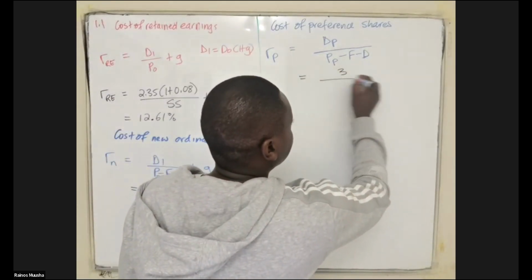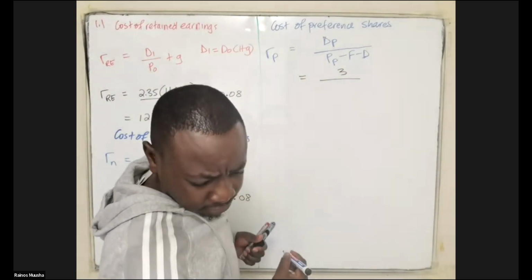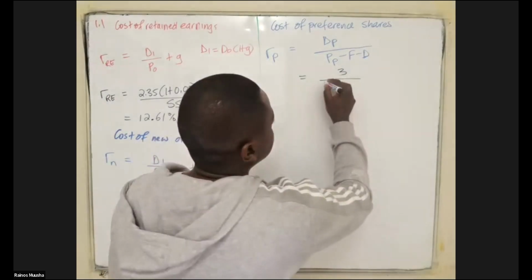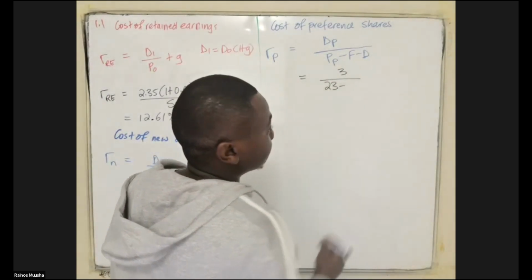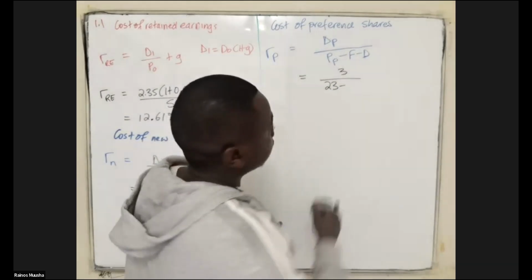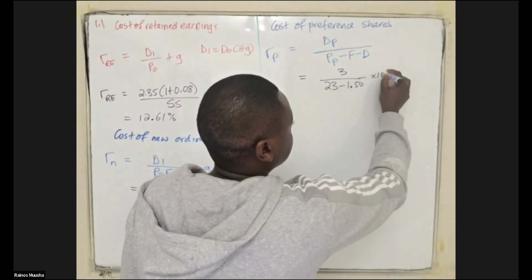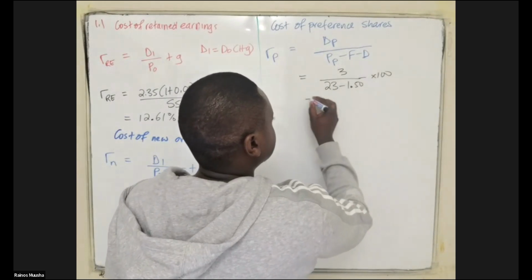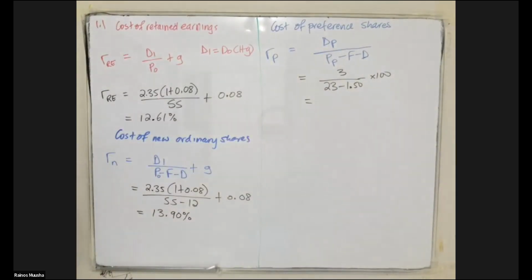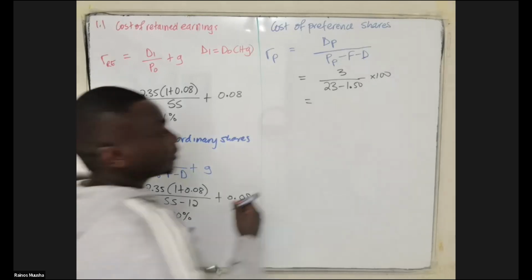So it's 3 over the price of the preference shares, which is 23, minus the flotation cost of 150, and then we multiply that by 100. If you do the calculation, you must be able to get 13.95%.